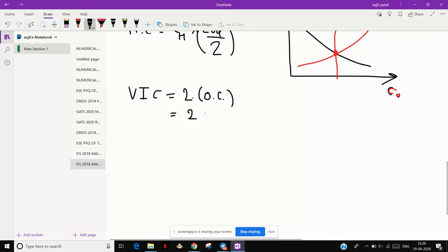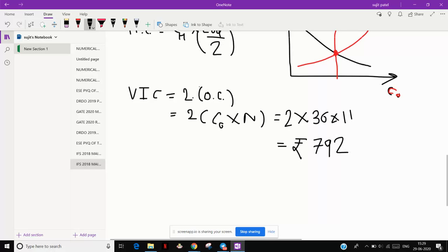So ordering cost is ordering cost per order and number of orders. When you put the values, you will find the variable inventory cost as 792 rupees. So this is our answer to the third question.